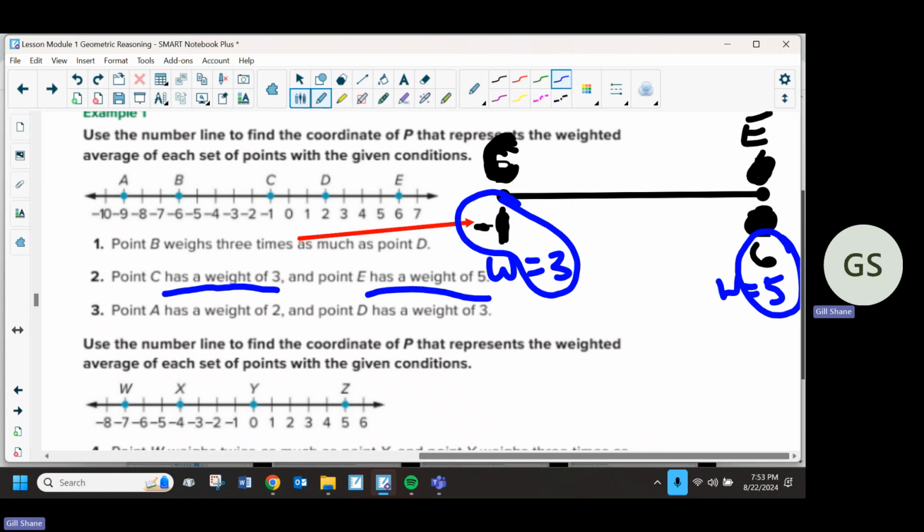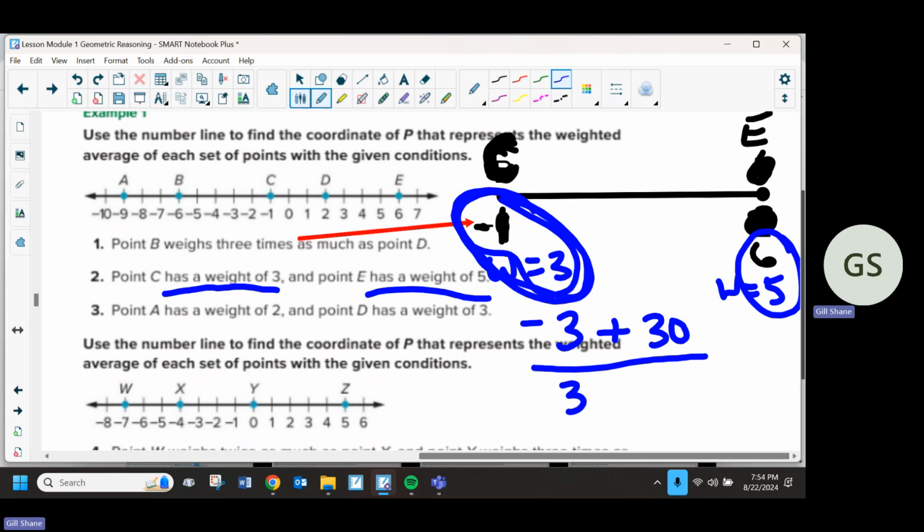I'm just going to start taking shortcuts. -1 times 3. So I'm doing what's circled right here. -1 times 3 is -3. I'm going to add that to 6 times 5. I divide that by the weights added together, which is 3 plus 5. And I get, what's that? 27 divided by 8.